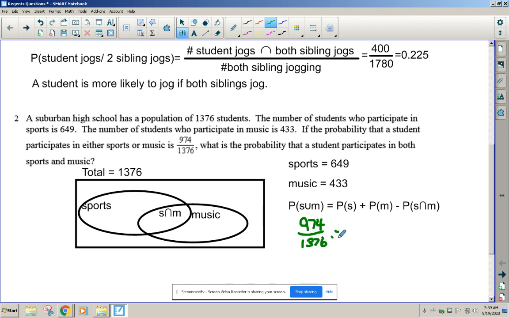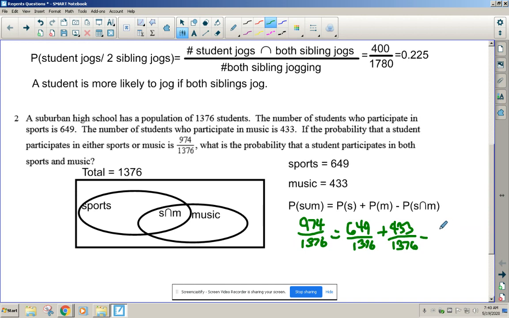And this is going to equal the sports, 649 out of 1376, plus the probability in music, 433 out of 1376, minus now the overlap, which we don't know.